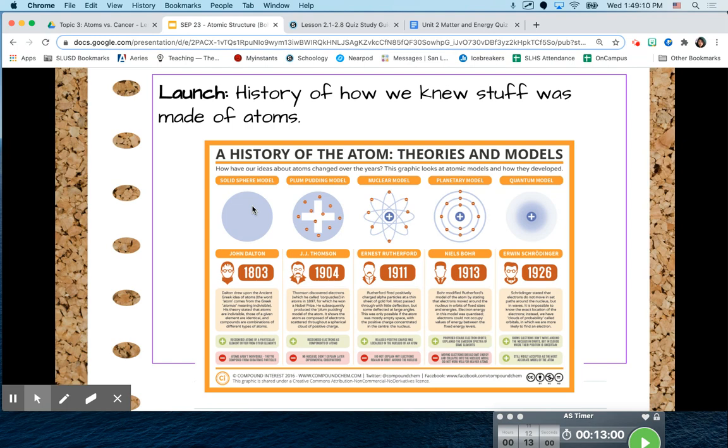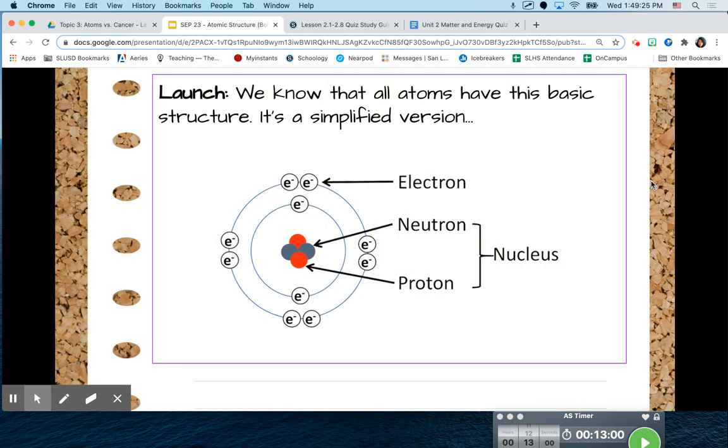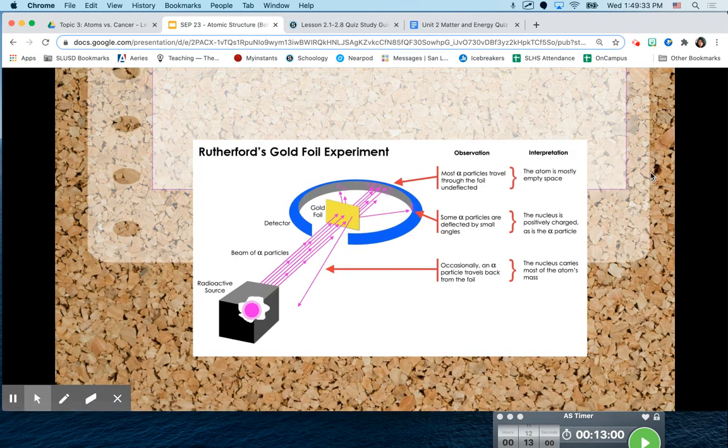If I continually do that, eventually all I'm left with is a tiny version of that thing. Later on, we realized that there was much more to it, so we briefly went over some of the experiments until we realized that, hey, this is actually what an atom looks like.